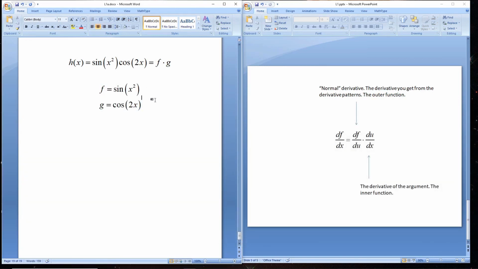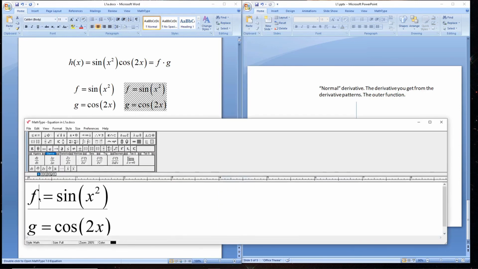Once we've explicitly stated what f and g are, we then need their derivatives for the product rule. And taking these derivatives now is where the chain rule kicks in. So, what's the outer function here? The outer function is sine. And so we just take that derivative normally. The derivative of sine is cosine.